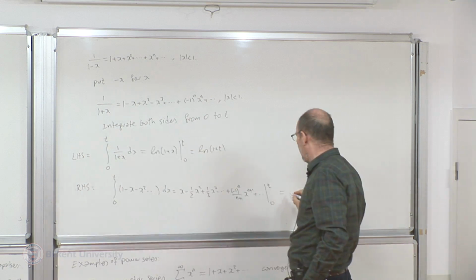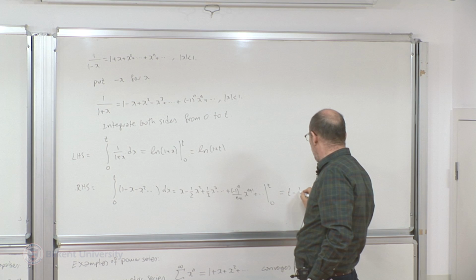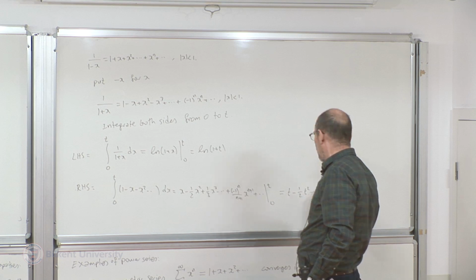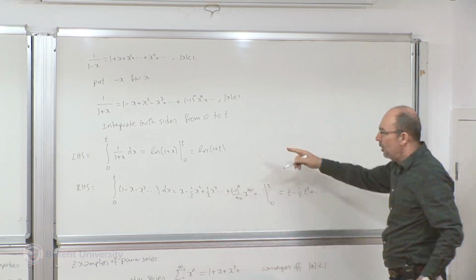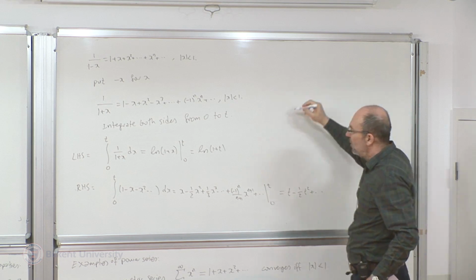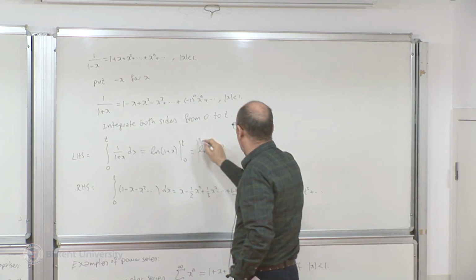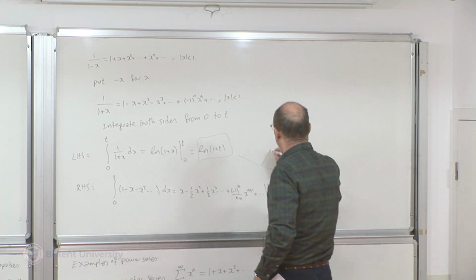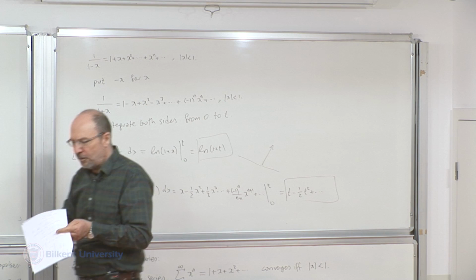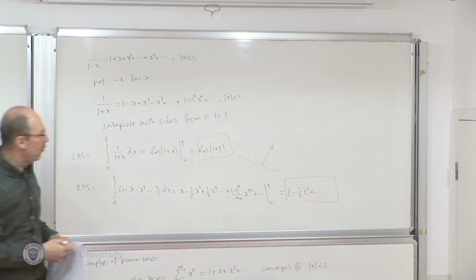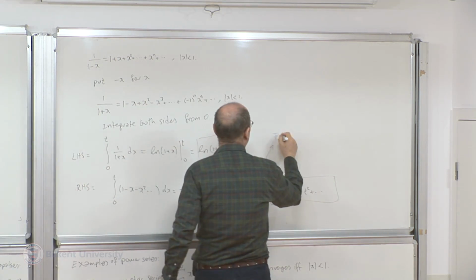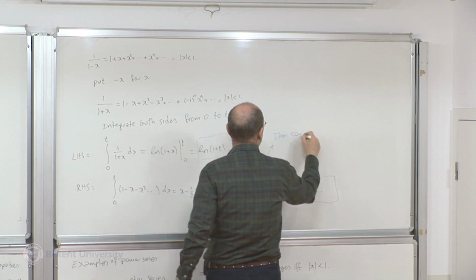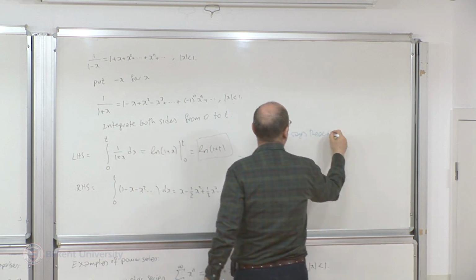So I have t minus 1/2 t squared plus etc. Now the theorem says that these two are equal, this one and this one. The theorem says that they are the same.